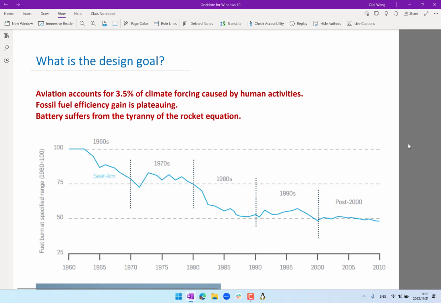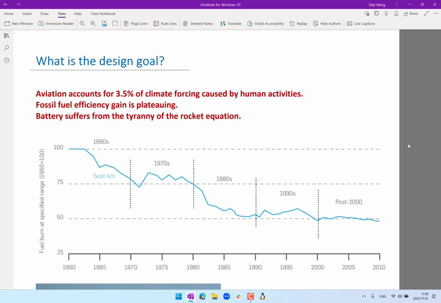So the design goal is related to reduction in the climate forcing caused by aviation. You may or may not know that aviation, although it accounts for up to now a small percentage of the total climate forcing of human activities, right? About 3.5%.